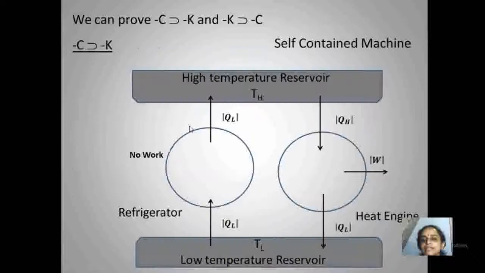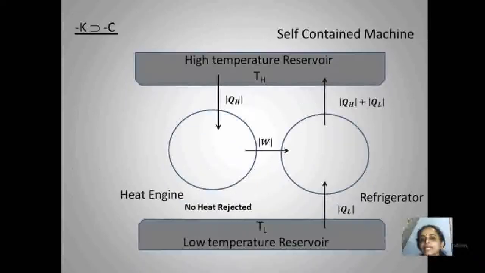So first we took not-C, that is, we considered a refrigerator which is violating the Clausius statement, and we have proved that it also implies not-K, the falsity of the Kelvin-Planck statement. In the second case, we took the falsity of the Kelvin-Planck statement. We considered a heat engine that is not transferring any heat to the lower temperature reservoir, a violation of the Kelvin-Planck statement.